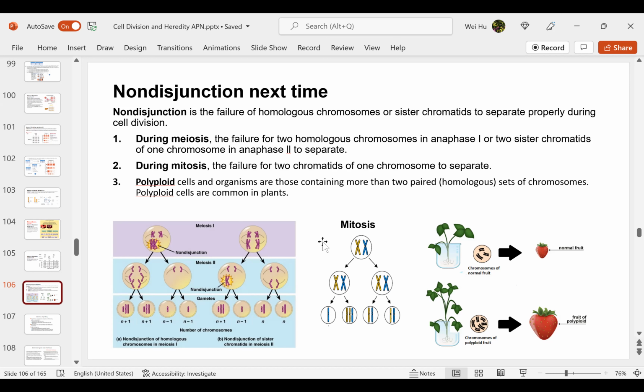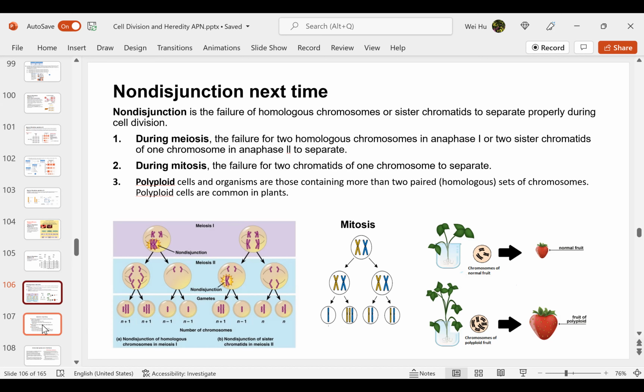So for non-disjunction, especially in meiosis, you can end up with polyploidy, meaning that you are not diploid. You have 3 sets or 4 sets. Okay, so that's the consequence.